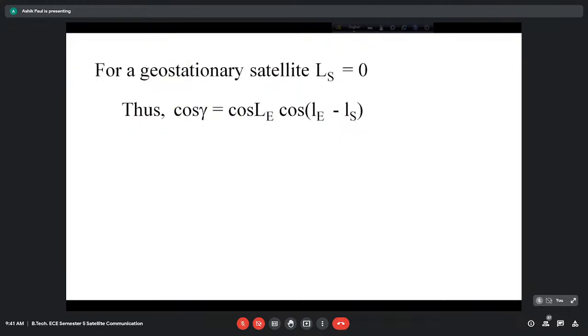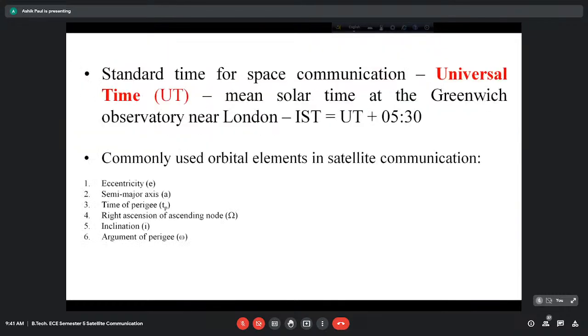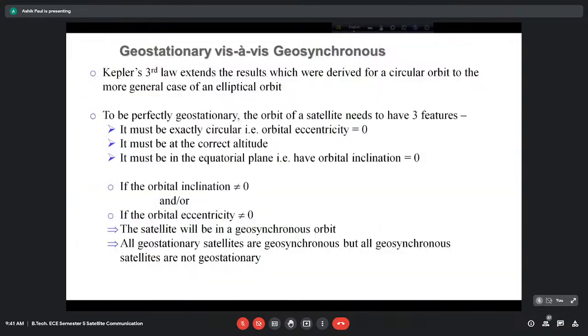One of the conditions that we had seen in one of the earlier classes, the condition under which a satellite becomes geostationary, is that its orbital inclination should be zero. That means the orbital plane should be perfectly aligned with Earth's equatorial plane.